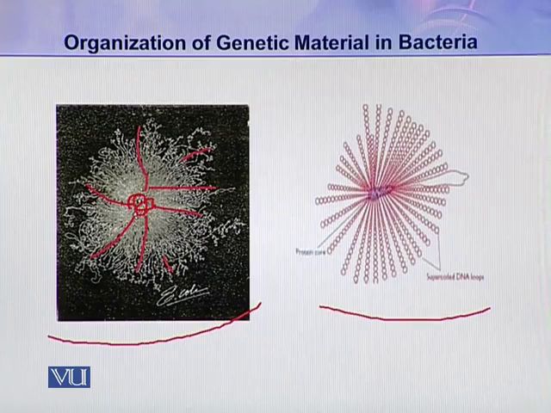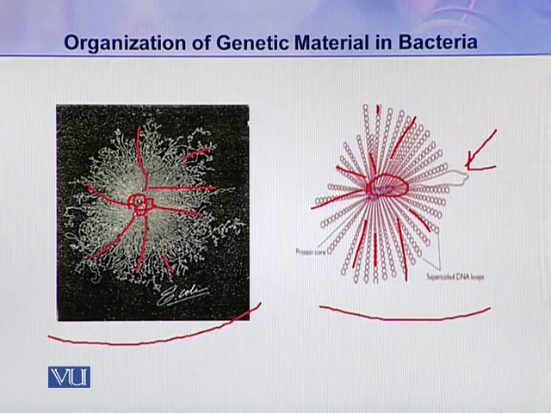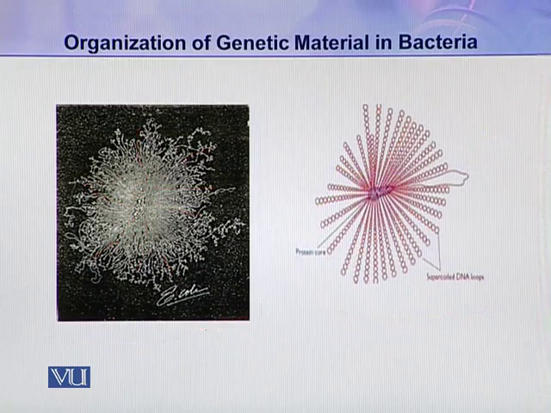In this representation, you can see this is the central core of proteins, and several highly condensed or highly coiled loops emerge. Here, you can see this loop is a relaxed loop. Sometimes this was initially supercoiled, and then DNase nicked this loop and it became relaxed.